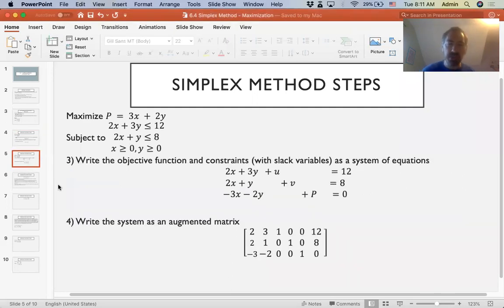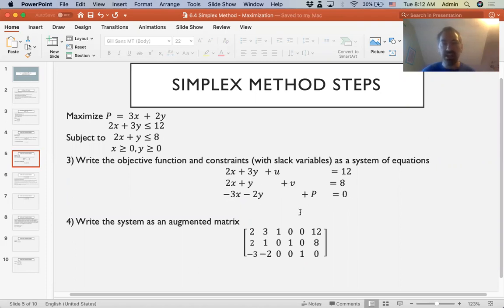Now step three, once we've done that, we can write our objective function and constraints together as a system of equations. Notice how I've written this. I've got the constraints first, 2x plus 3y plus u equals 12, 2x plus y plus v equals 8, and negative 3x minus 2y plus p equals 0. That's my objective function.